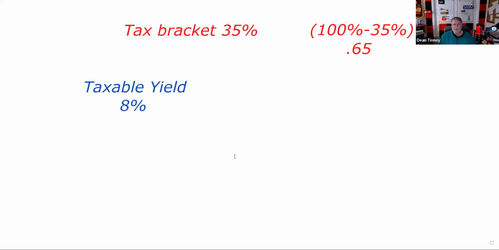And so we already know we can shop the answer set and know that the tax-free equivalent is going to be something less than 8, right? Because the government's taking part of your money. And so what I'm interested in here is finding out, after I pay taxes, what is the tax-free equivalent?